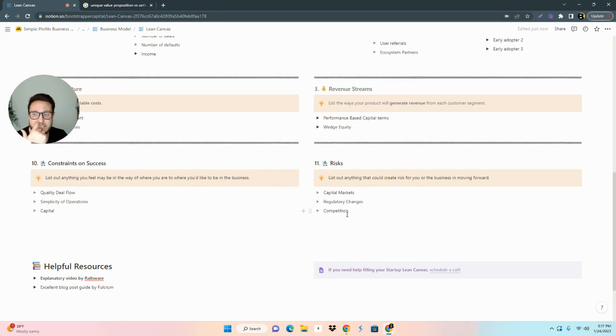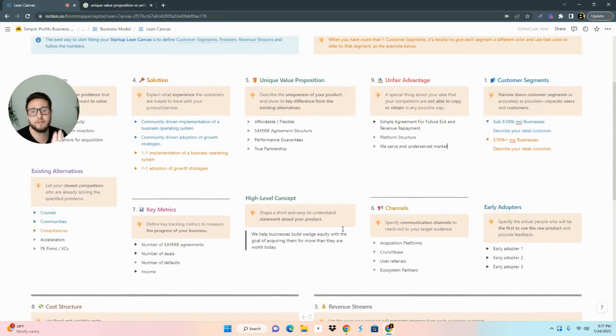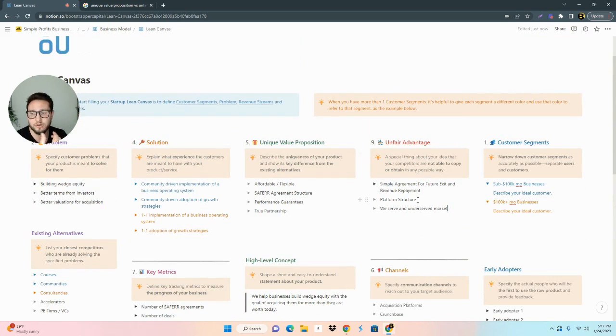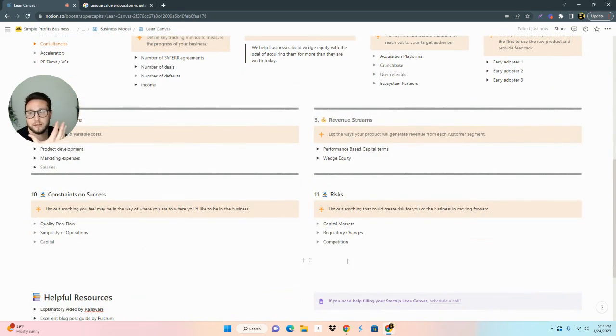And the last thing that we need to be aware of: right now, we are number one in the market. We're the leaders in the market. We're the innovators in the market. We created this structure. We are the players in this market. But who knows, maybe as we continue to grow, we hit our $100 million goal, and now we're going for $1 billion, and then 10 billion, and then 100 billion, then $1 trillion. Who knows? Other people may be like, wow, those Bootstrapper Capital folks really figured something out special here.